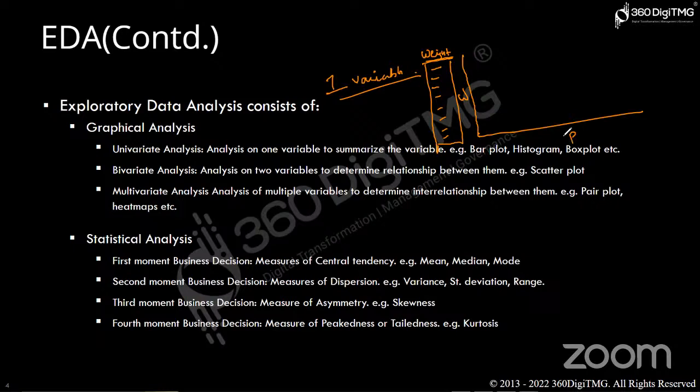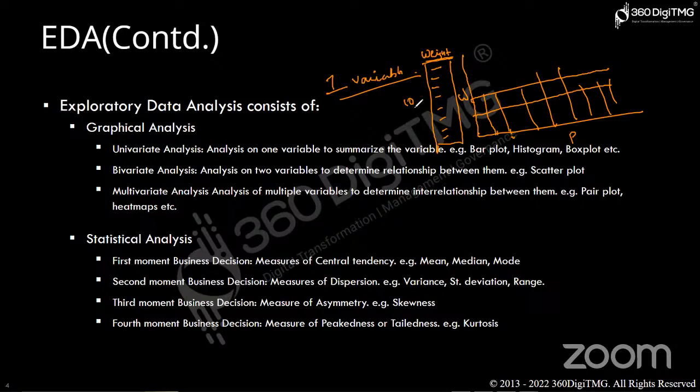Person 1 has this much weight, person 2 has this much weight. Suppose we have 10 records. By looking at this, we can make some inferences: most of the people lie within this range of weight.